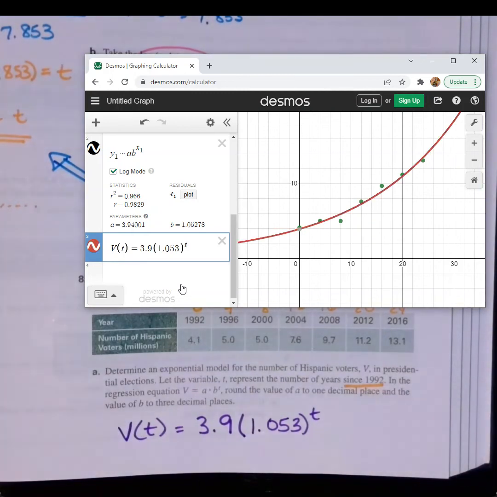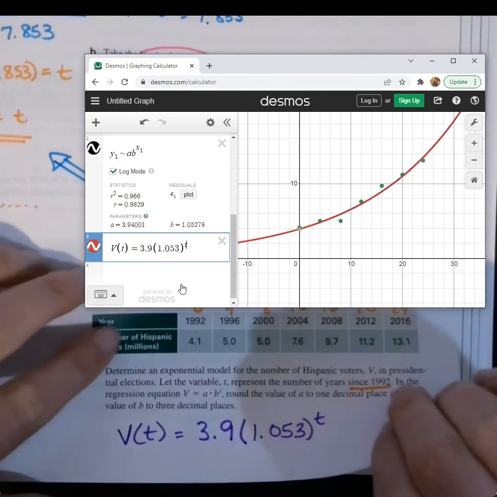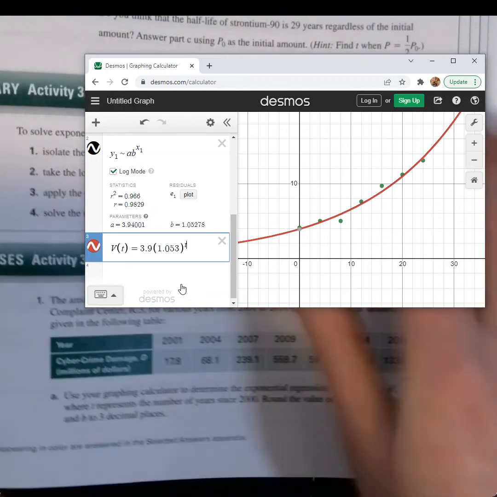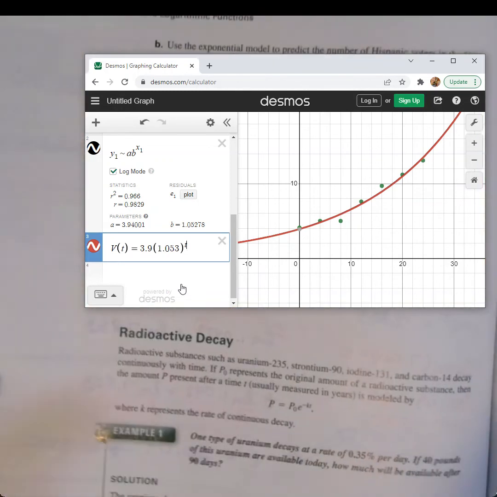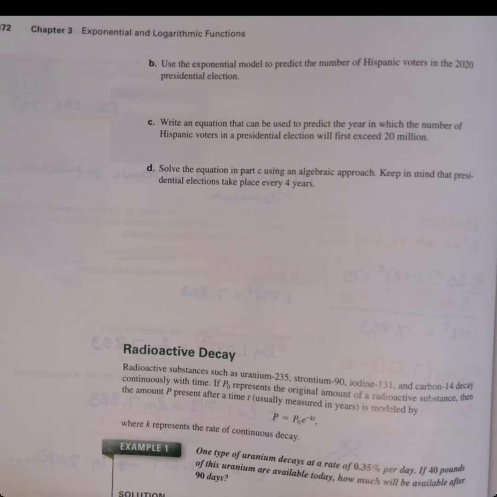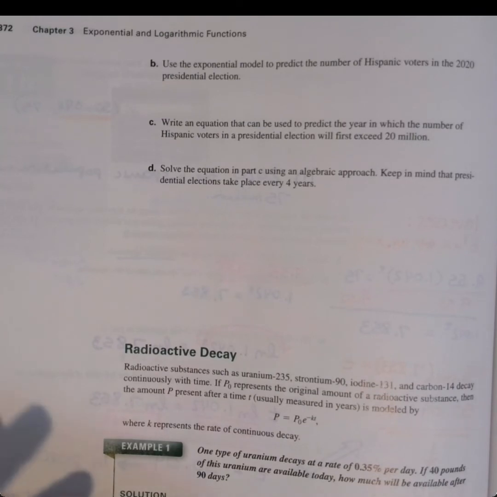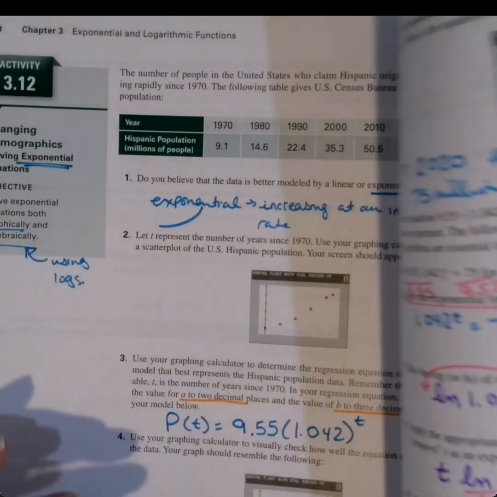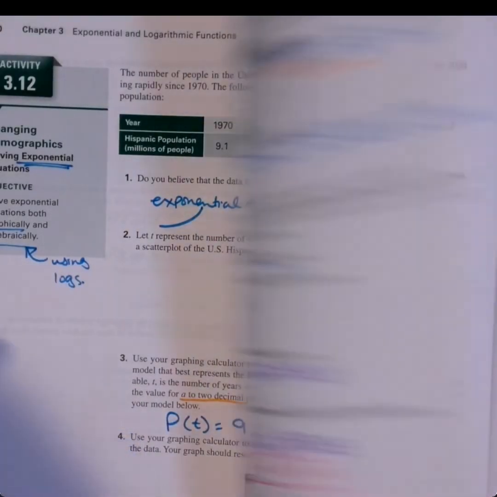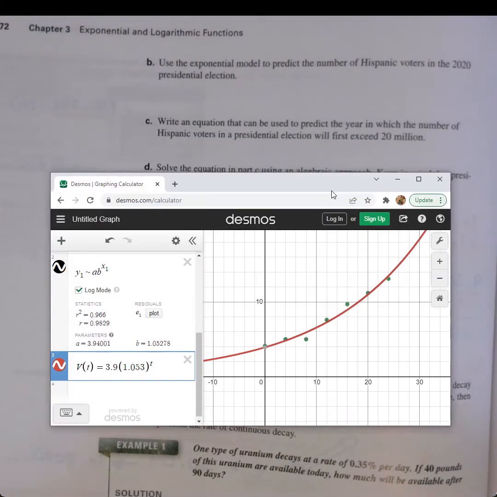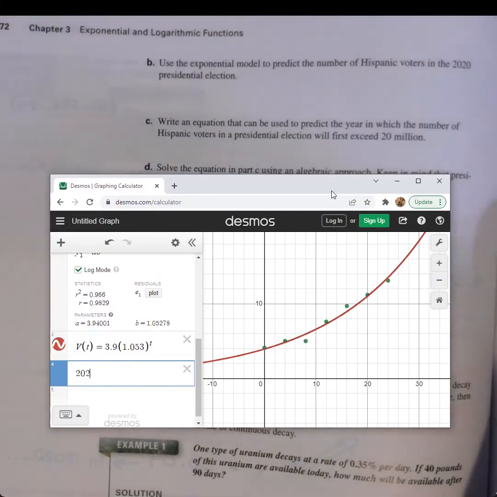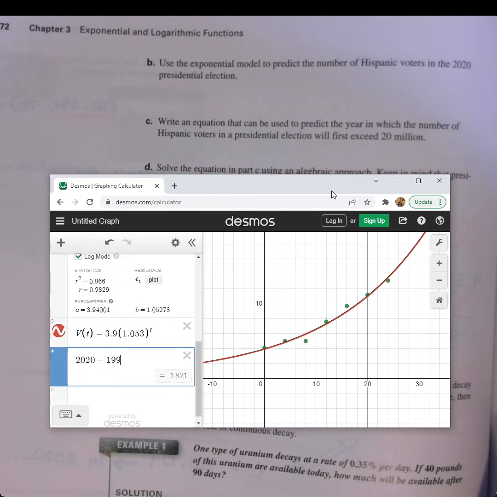All right, and let's see what the next page has. For our predictions. Okay, so use the exponential model to predict the number of Hispanic voters in 2020. So we were working in years since 1992. So we're going to need 2020 minus 1992.